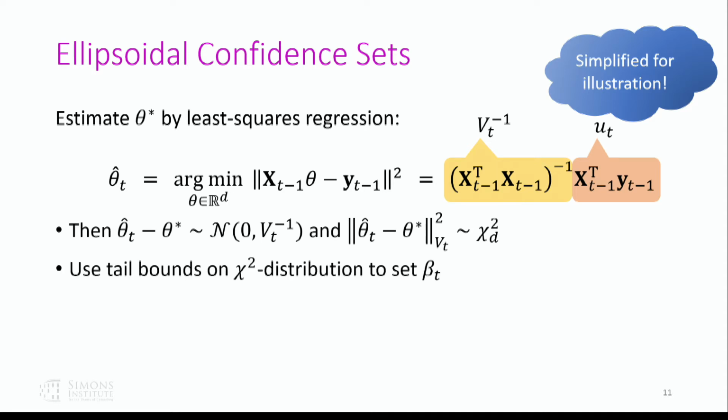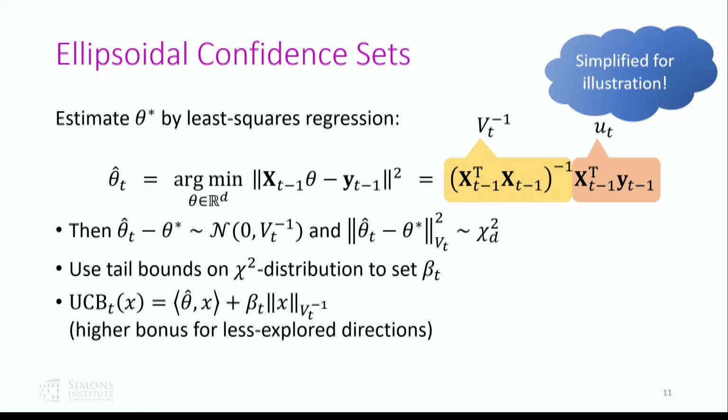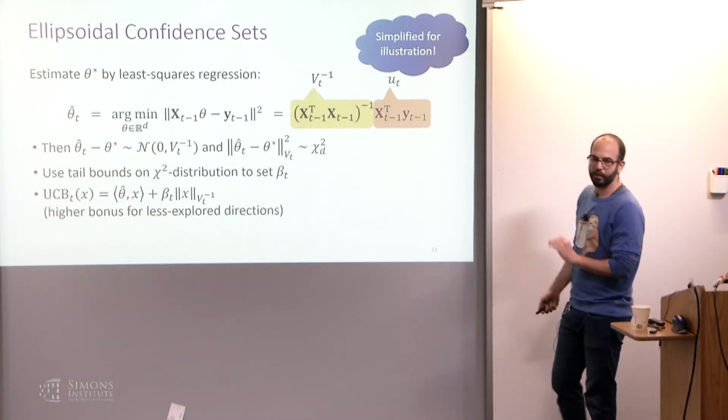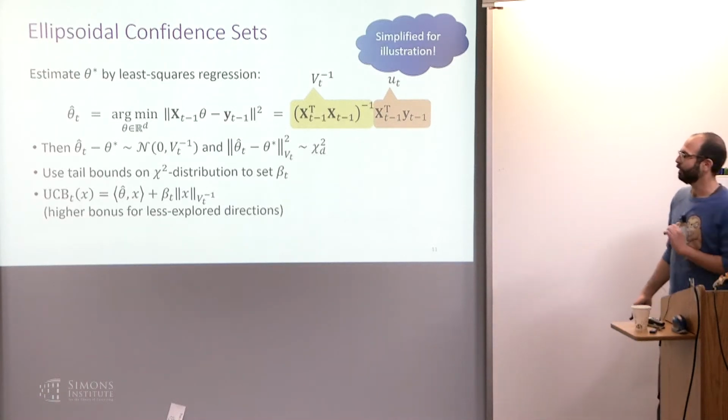I can work out and get the right beta t. Okay? And again, you can also work out what will be the closed form expression for the upper confidence bound of each arm.